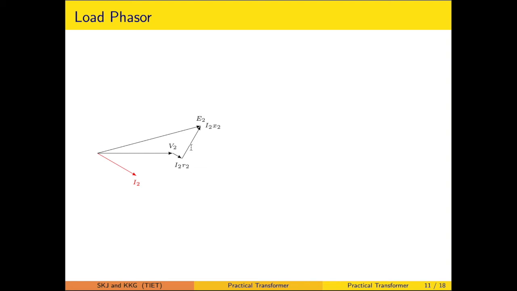Now the beauty of this phasor diagram is that it can be rotated by any angle. So let's say it has been rotated by, say, 45 degrees in the clockwise direction. So this is giving rise to this. We can rotate the same phasor by any arbitrary angle.